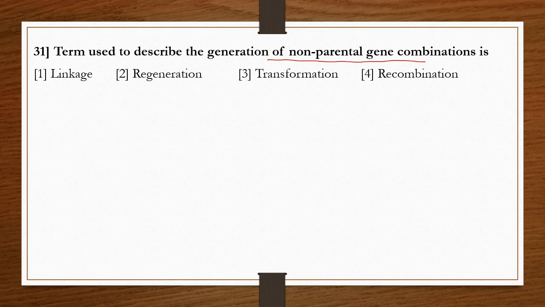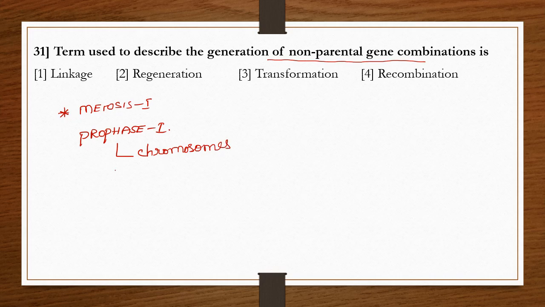We have already studied that during meiosis 1, in prophase 1, the chromosomes undergo crossing over.